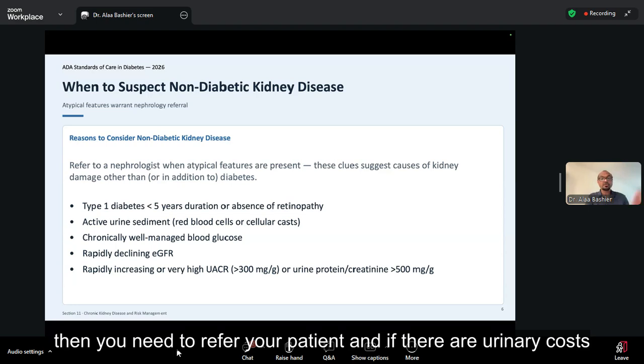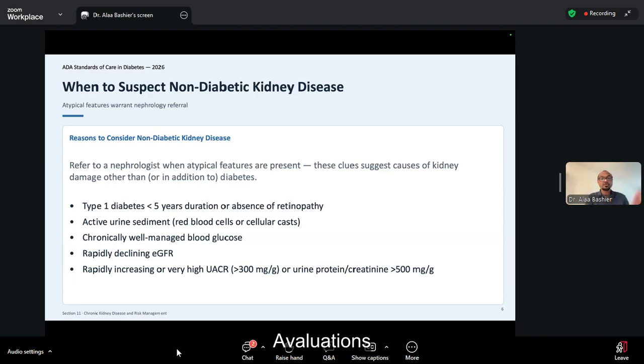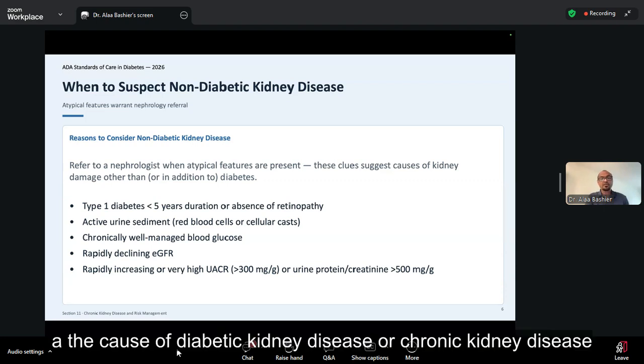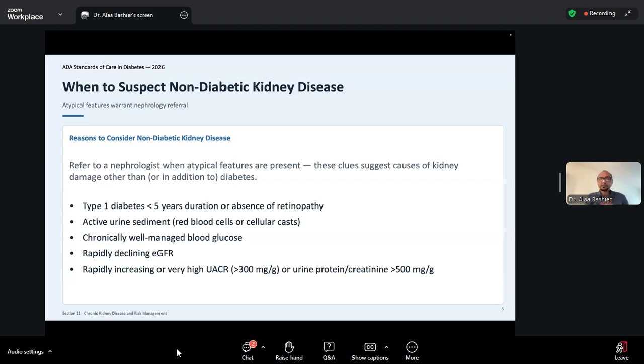And if there are urinary casts, then you need to refer, where the nephrologist is going to do further evaluation to define the cause of diabetic kidney disease or of chronic kidney disease.